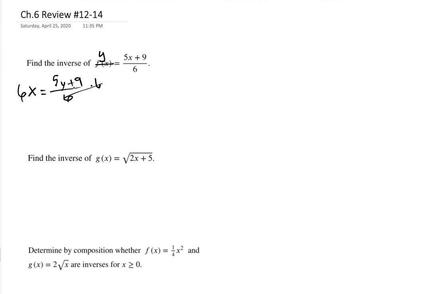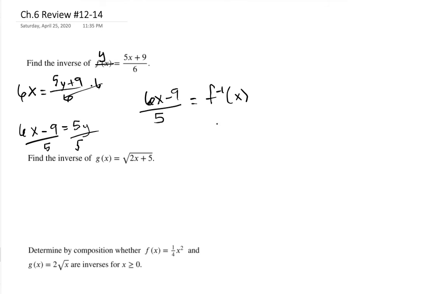And then I'll subtract 9. And then I'm just going to divide by 5. So I have 6x minus 9 divided by 5. That's a 6. It's a terrible 6. And it's going to equal y, or I'll use function notation.